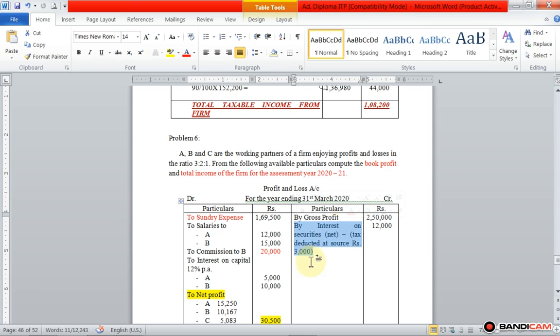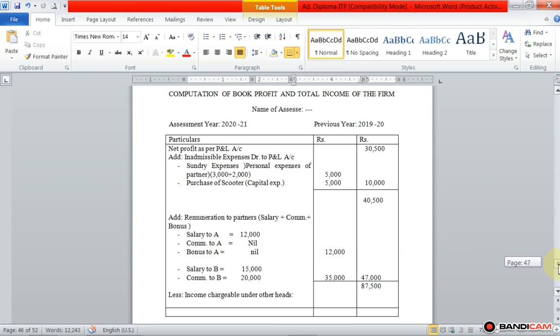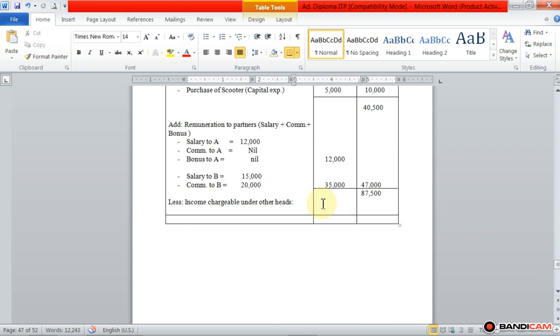Okay, after deducting 3,000, the net interest is given here 12,000. So 12,000 plus 3,000 is equal to 15,000. So 15,000 is taxable amount. So here we deduct 15,000 income.